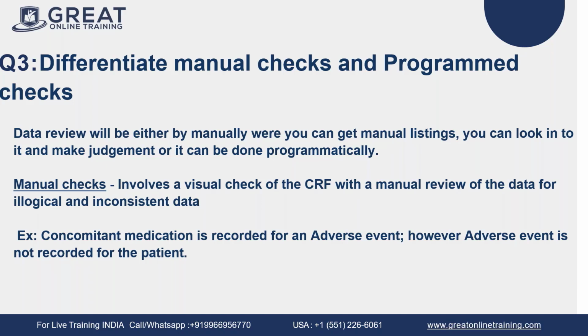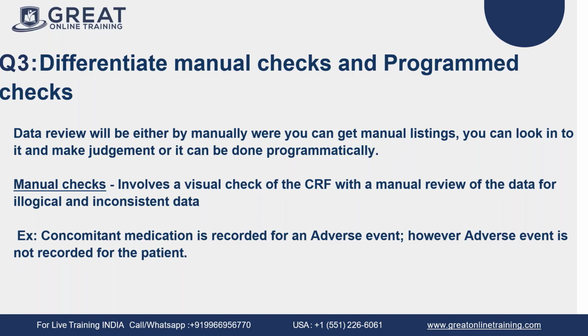Usually whenever a patient is suffering from an adverse event during the clinical trial, they will be treated with medication. It is called concomitant medication. So here you can see a concomitant medication record is there for the adverse event, but the adverse event is not recorded for the patient.